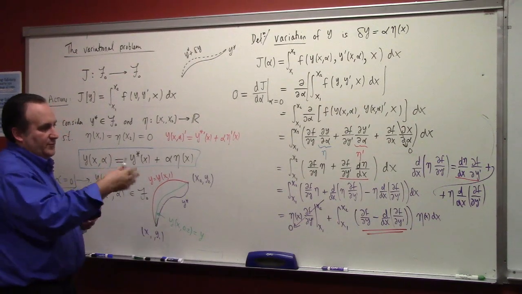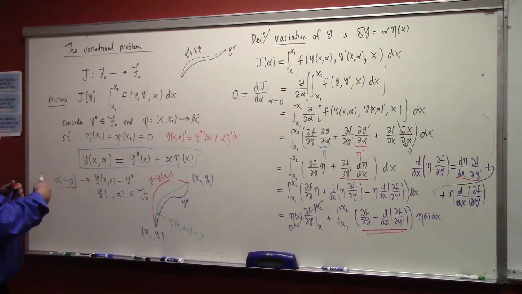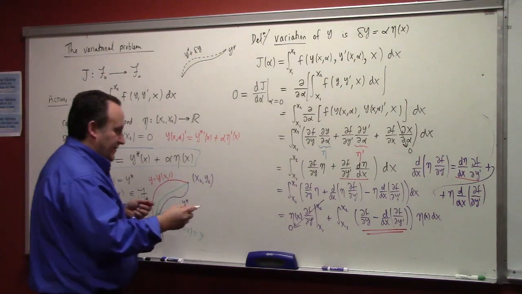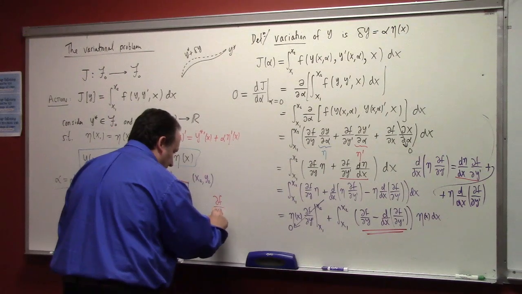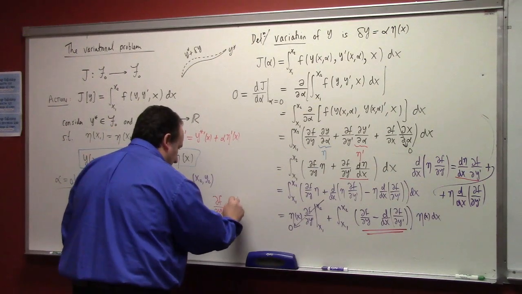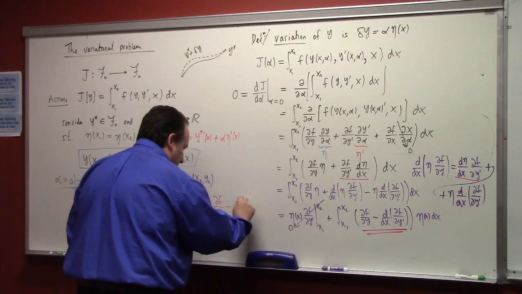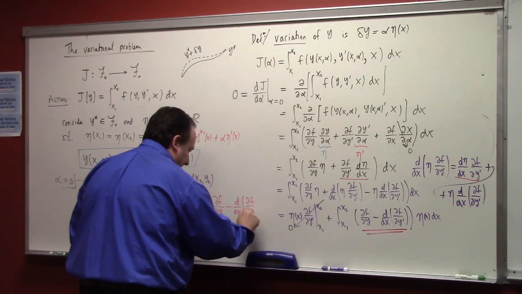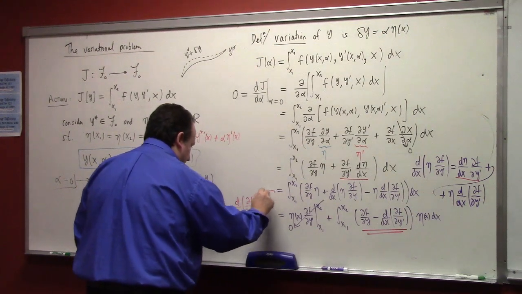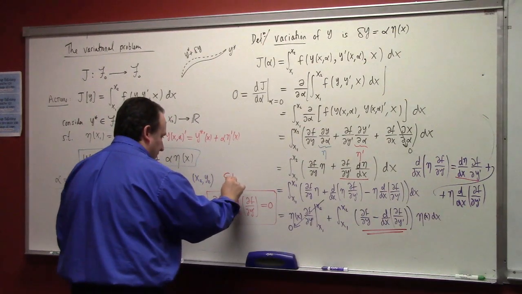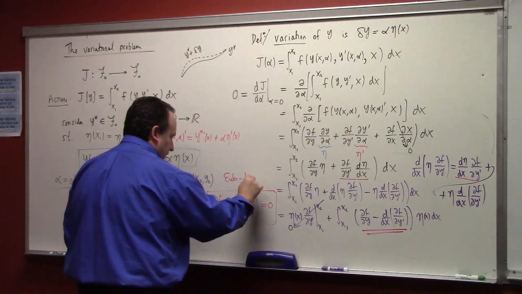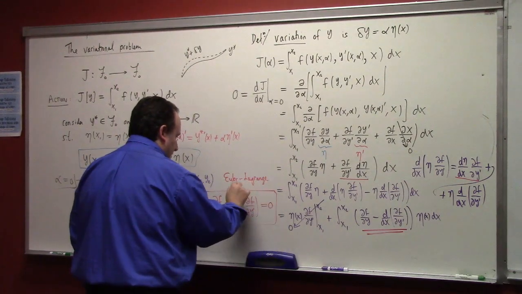So for y star to be the extremal path, it must be the case that what I just underlined in red must be 0. And so for that reason, we insist that partial f partial y minus d dx of partial f partial y prime is equal to 0. That right there is the most basic case of the so-called Euler Lagrange equations.